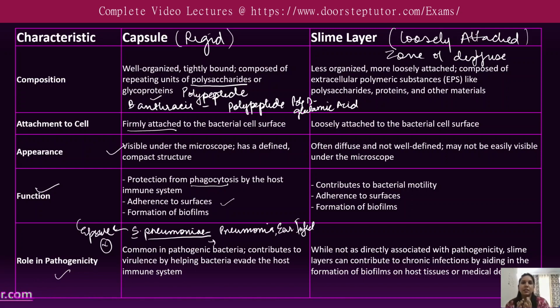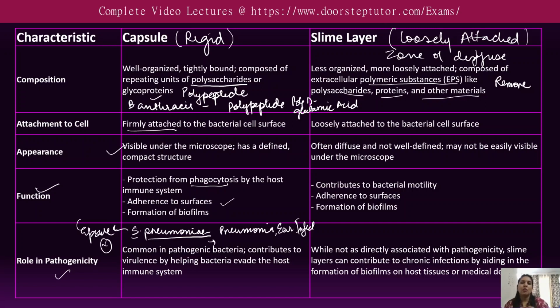While the slime layer is loosely arranged. It is not a firmly rigid structure; it is generally known as a zone of diffuse material. Its composition includes substances such as polysaccharide, protein and other materials, and it is easy to remove from the bacterial structure because of its loosely attached nature.